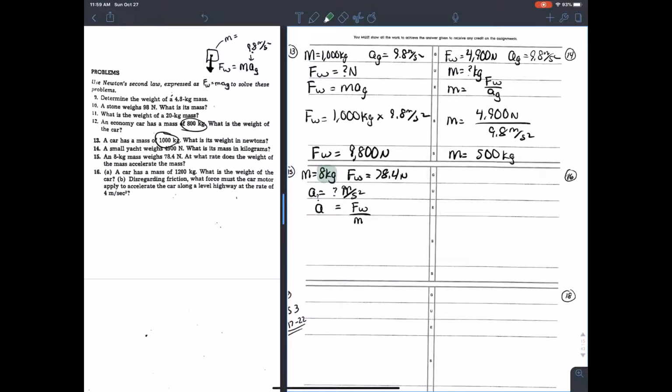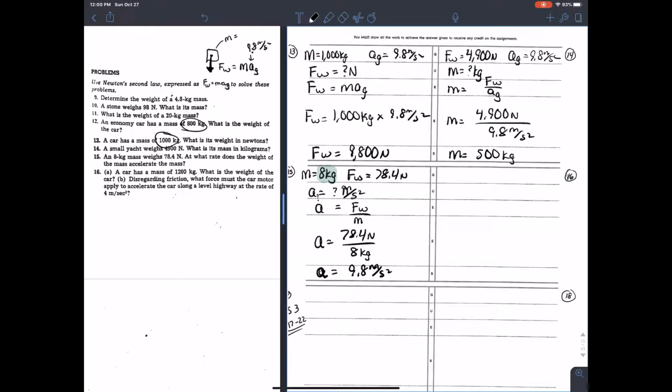If a equals 78.4 newtons divided by 8 kilograms, we put this into our calculator, and we should end up with 9.8 meters per second squared.